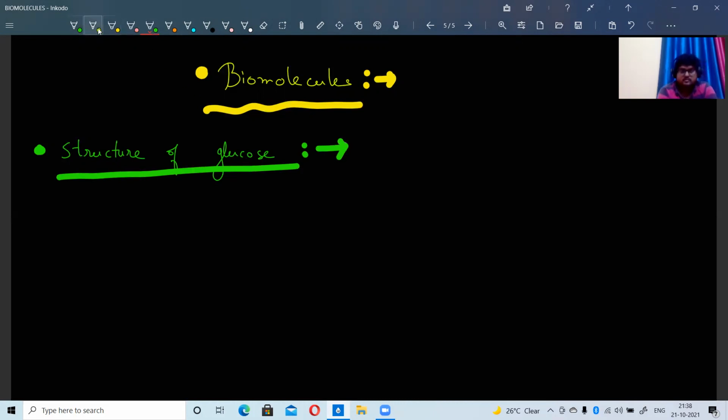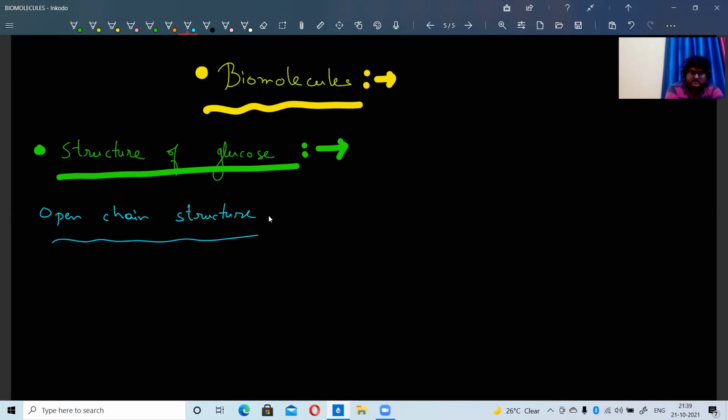Now for the structure of glucose, first I have to know what is the cyclic structure and what is the open chain structure. So if you draw the open chain structure, it can be represented like this way.